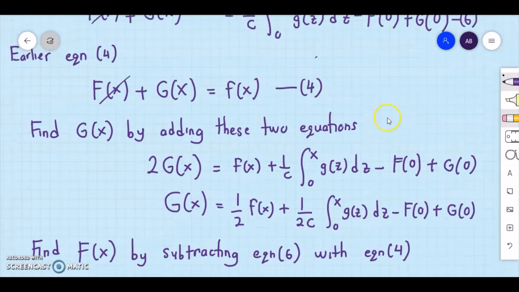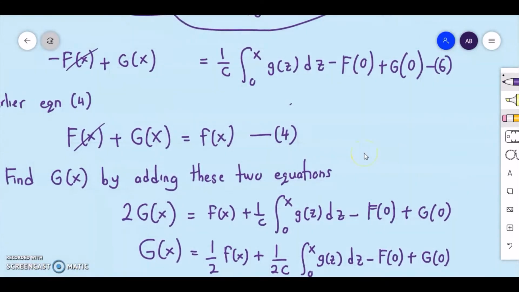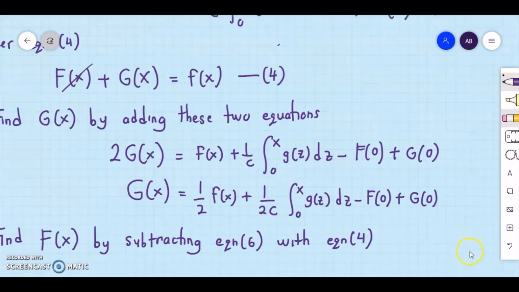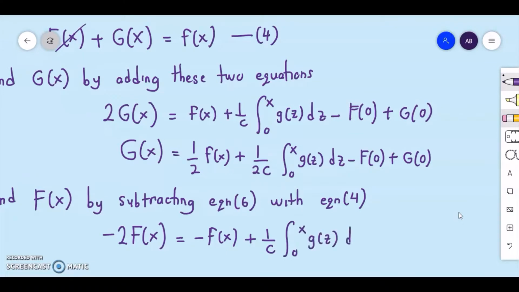When you subtract 4 and 6, what do you get? Negative, negative, that will give you negative 2fx. G and G cancel out. Similar to the other one just now, but now I have negative 2fx equals negative fx plus 1 over c integrate from 0 to x gz dz minus f0 plus g0.